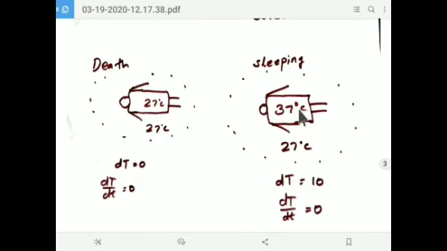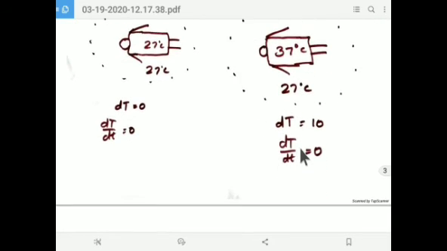Many processes are going on, releasing energy, a continuous supply of energy, keeping our body temperature at 37 degrees Celsius while the surrounding temperature is 27. So dT is equal to 10, but dT by dt is equal to 0. There is no change in temperature over time, but a temperature difference you can see. So this is the exact difference between steady state and equilibrium.